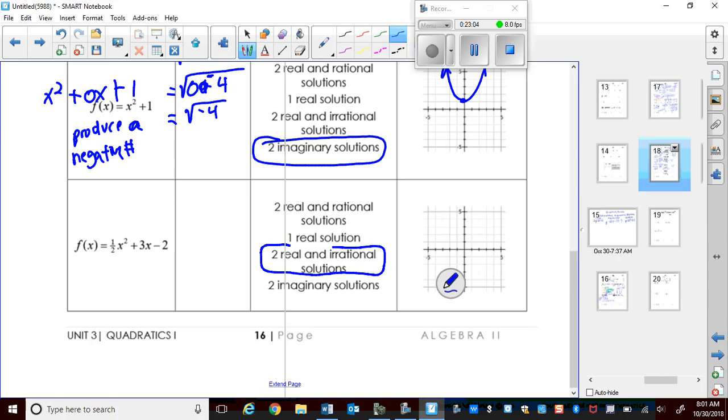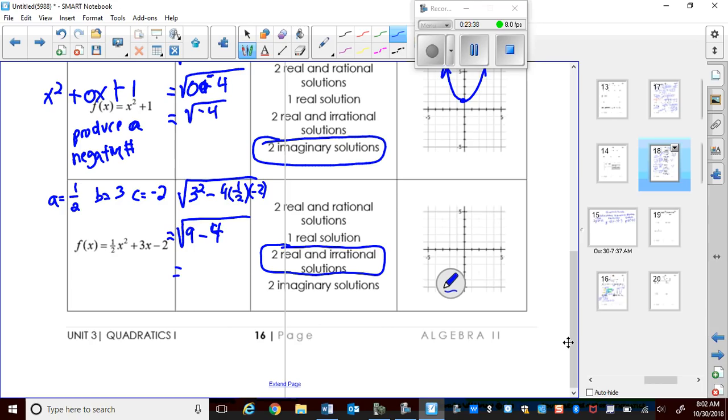In the last one, we're going to produce two real and irrational solutions. So they're real, but they're also irrational. So a equals 1/2, b equals 3, c equals -2. Putting it inside the radical, I get 3 squared minus 4 times 1/2 times -2. Simplifying, I produce 9 plus 4.